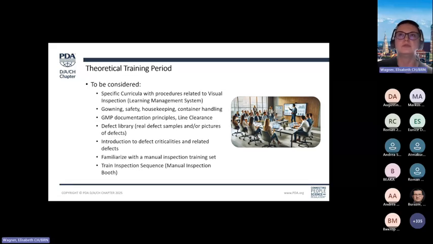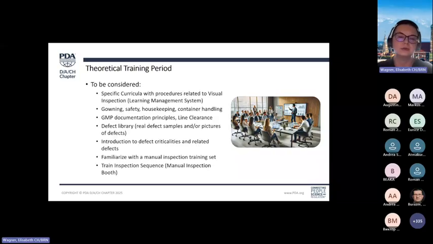We'll then proceed with a theoretical training of the operator, and typically this is guided through a learning management system. So procedures and training packages are assigned to a new operator, and they have to train on specific items within visual inspection.